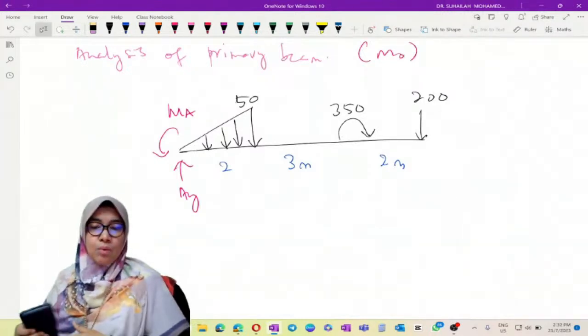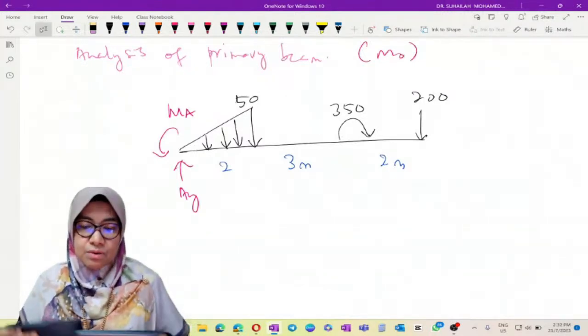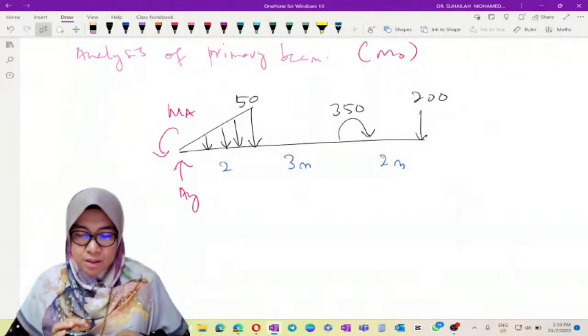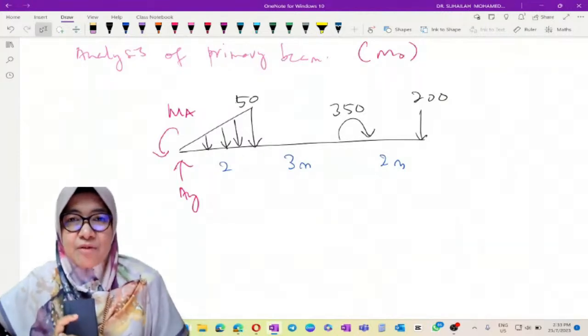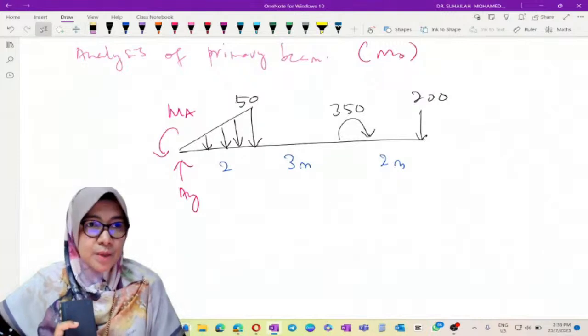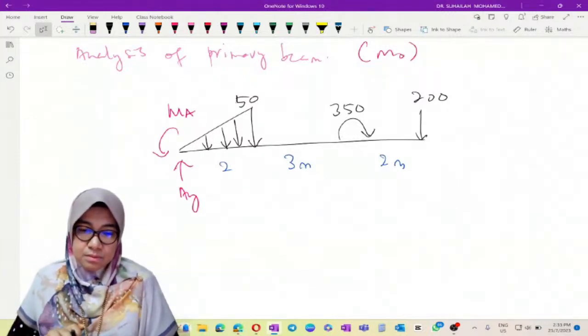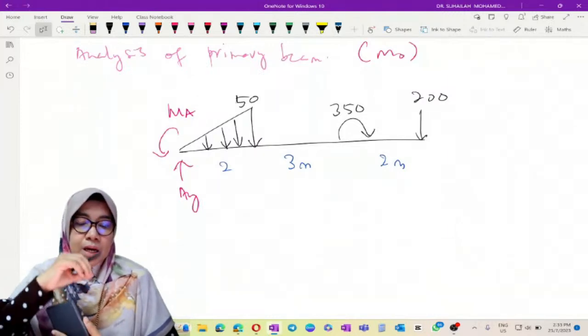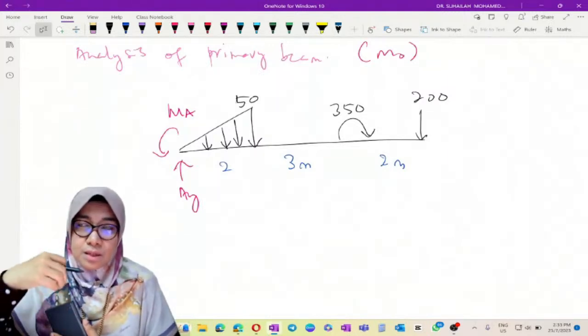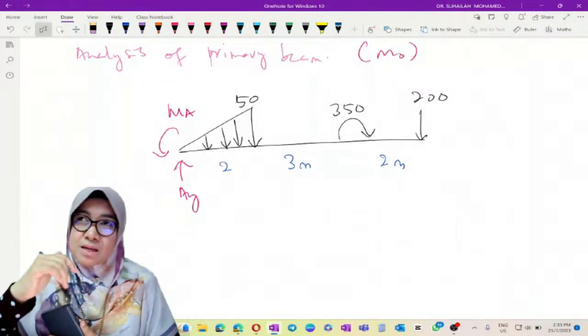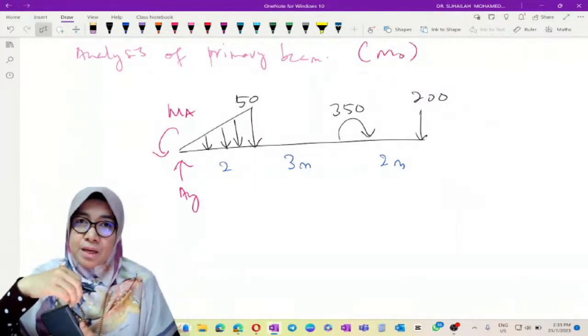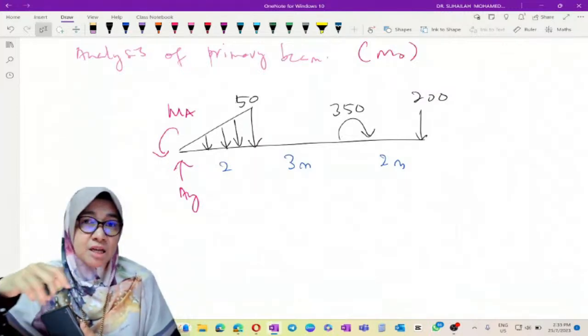For the AY value, we will use summation Fy equals 0. If it is triangular, the area of the triangle represents the force in kilonewtons.